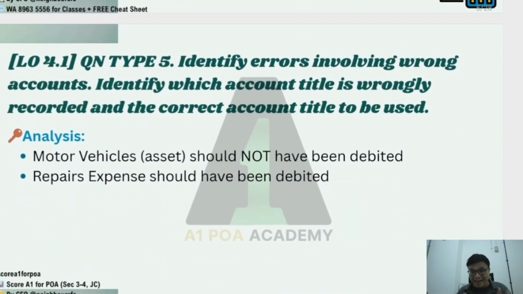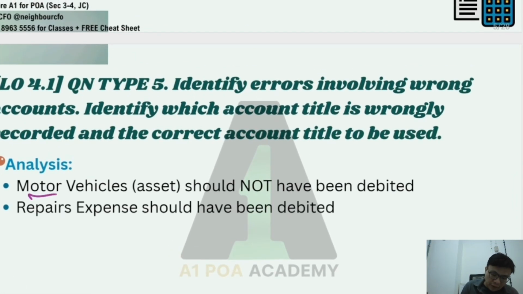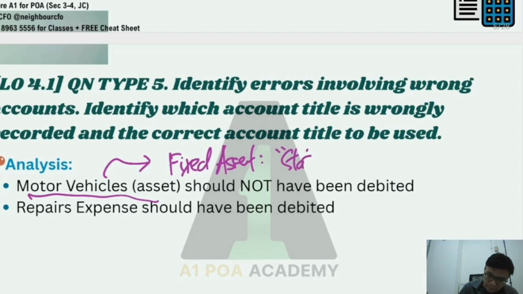Let us now look at the analysis. We all understand that motor vehicle is a fixed asset classified under your statement of financial position.